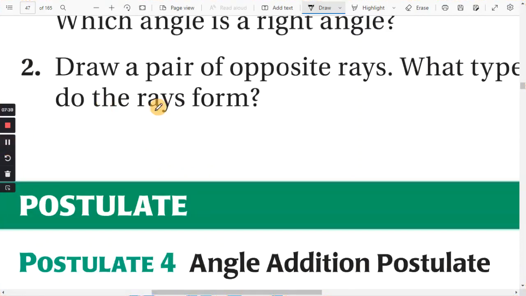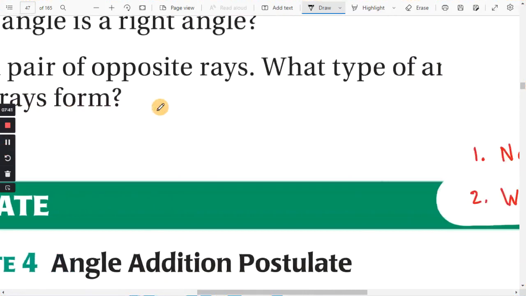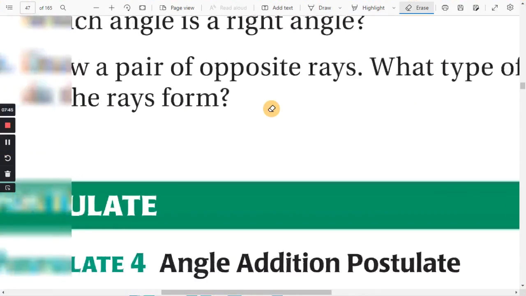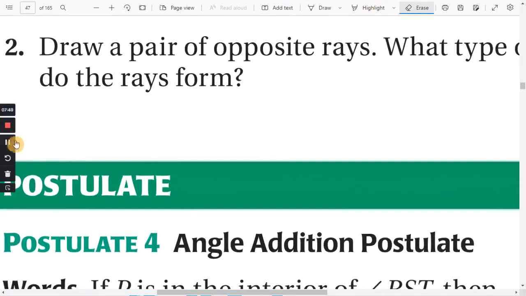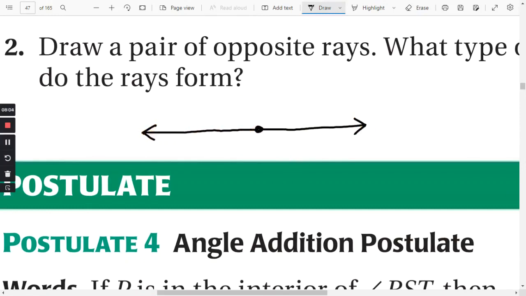Now the next question, they say draw a pair of opposite rays and what type of angle do the rays form? So draw a pair of opposite rays and say what type of angle. Okay, opposite rays. So I'll draw a ray that's going to the right, and then I'll draw a ray with the same endpoint that's going to the left.